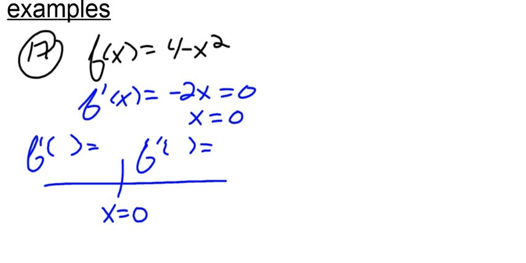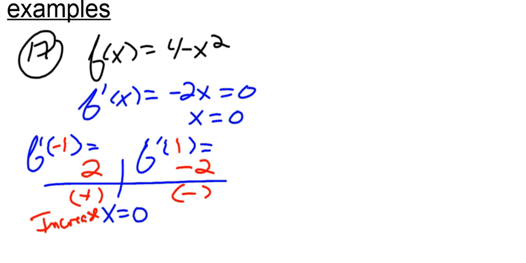So let's say if I want to be to the left of 0, what if I plug in -1? If I plug -1 into the derivative, -2 times -1 is a positive 2. So it's positive, and we can say it's increasing. And then if I plug a value for the interval on the right side of x equals 0, I can plug in 1, and I plug it into the derivative, I see that it equals a negative 2.